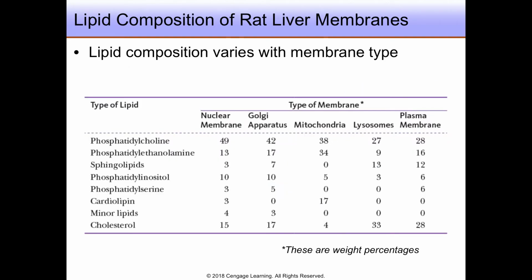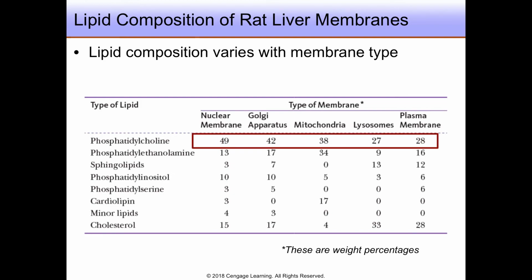This last point may be more apparent by examining the prevalence of different lipids in the composition of rat liver cell membranes. Look at the last column of the table given here to see the variety of lipids seen in the plasma membrane of these cells. Phosphatidylcholine is present at twice the concentration of sphingolipids, but equal to the concentration of cholesterol.